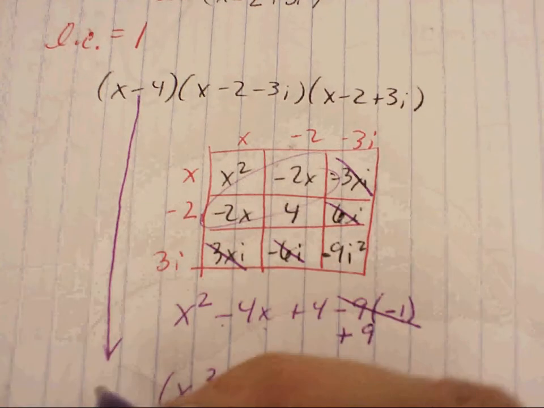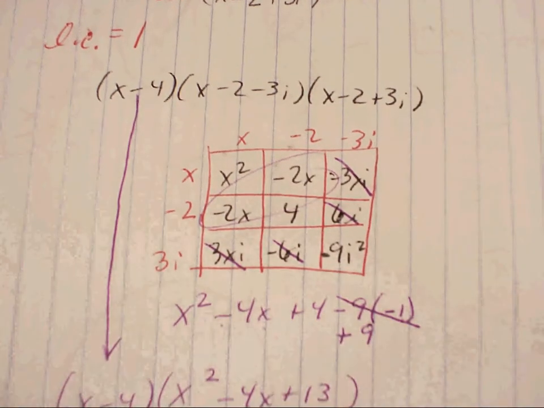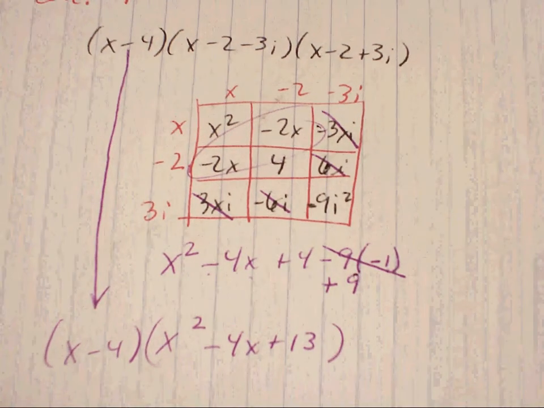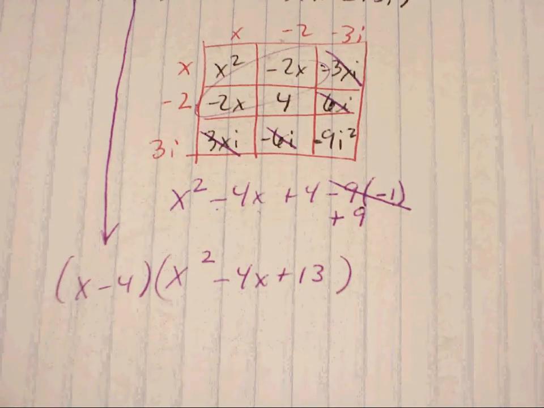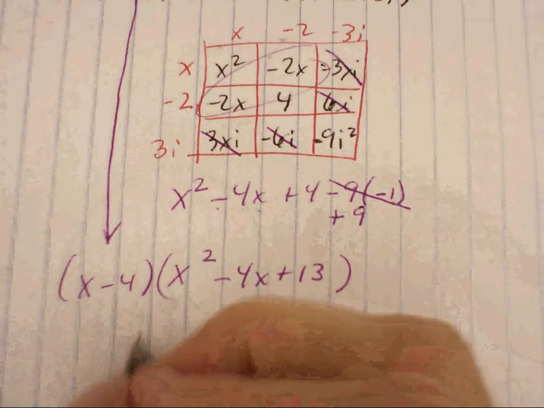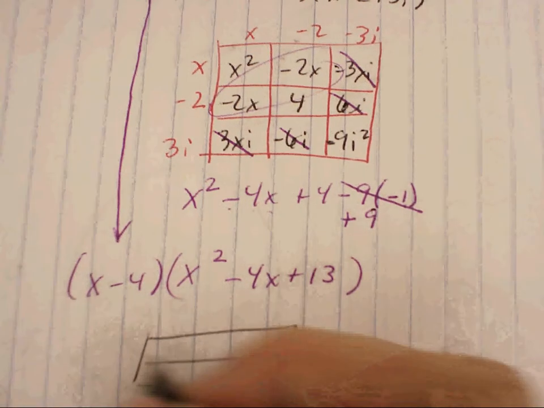We can put these two together as negative 4x plus 4 minus 9i squared. But i squared, we always change into what? Negative 1. So we really have x squared minus 4x plus 4 plus 9, because negative 9 times negative 1 is 9, and a negative times a negative is a positive.